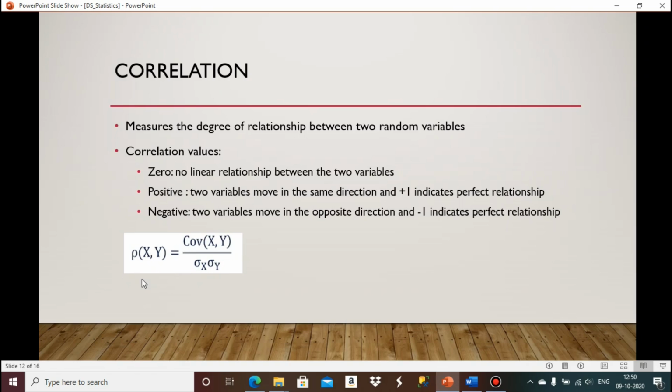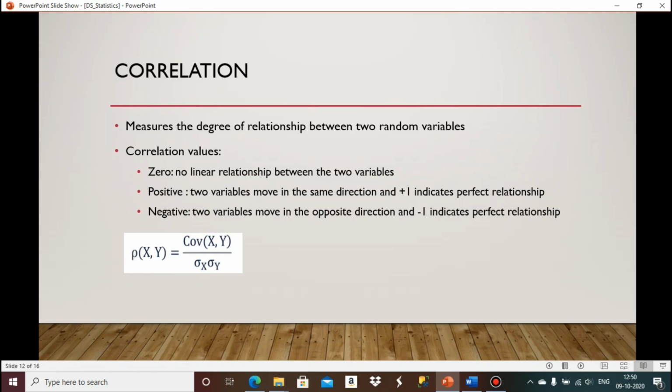So correlation has no unit and it ranges from -1 to +1. The middle value is 0. If the correlation value is 0, there is no linear relationship between the two variables.